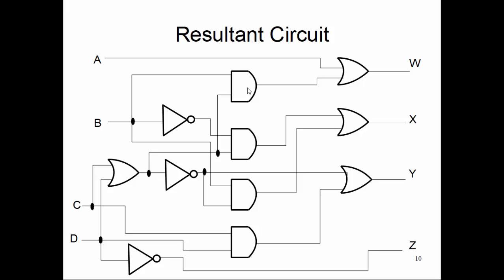If we can use the minimum number of components, that means we are reducing the production cost of our target product, this electronic digital circuit product. That means we have a higher chance of success in the market. So there is a direct business need associated with Boolean expression optimization and realization of the electronic circuit.